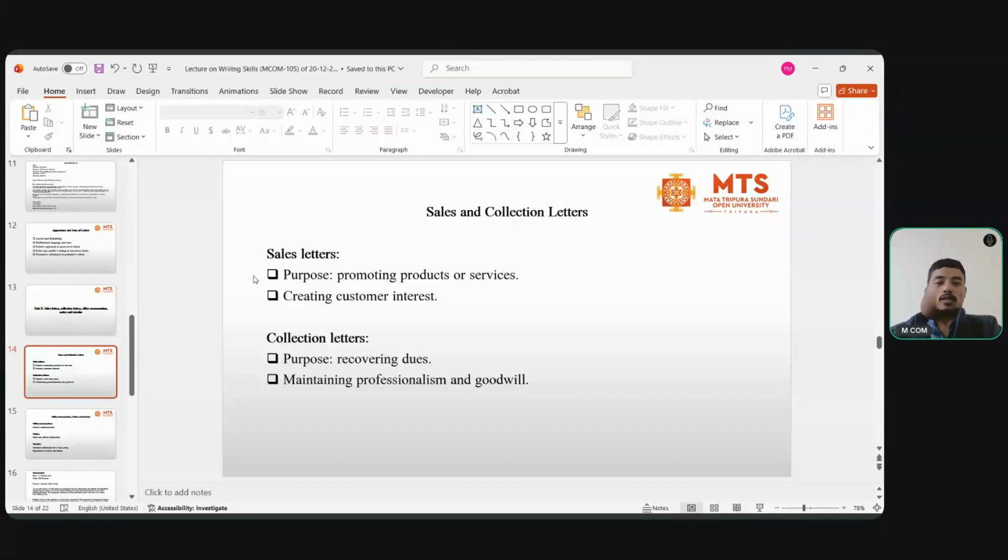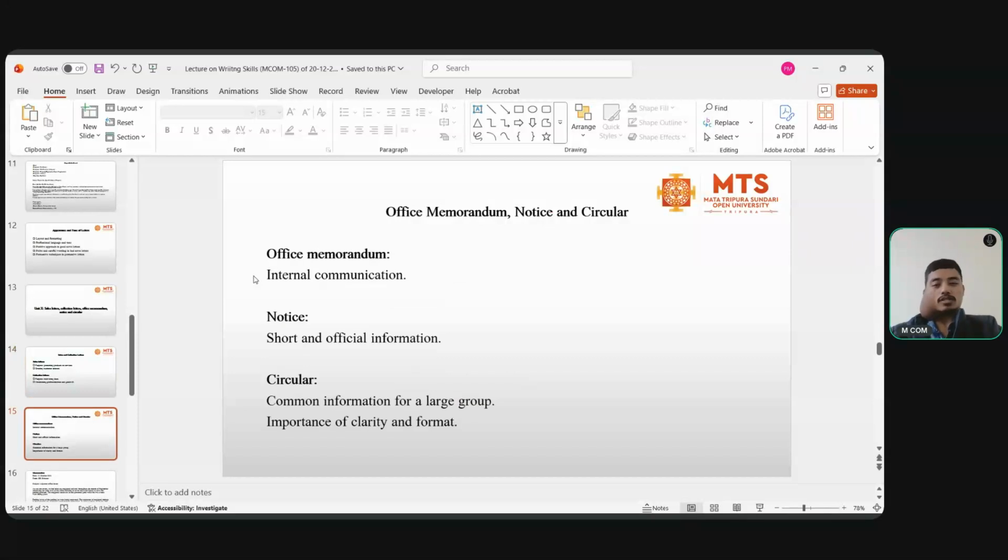So next, office memorandum, notice, circular. What are these? An office memorandum, commonly also called a memo, is used for internal communication within an organization. It is usually short and direct. Memos help share information, instructions, or reminders among staff.